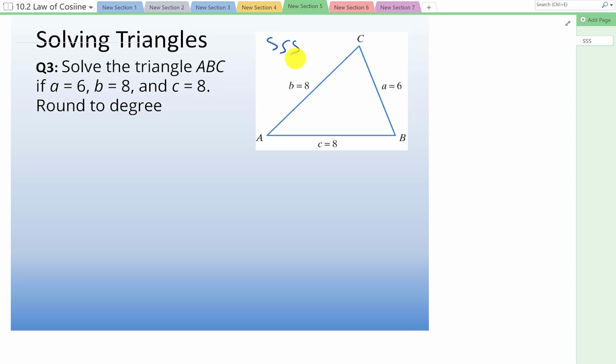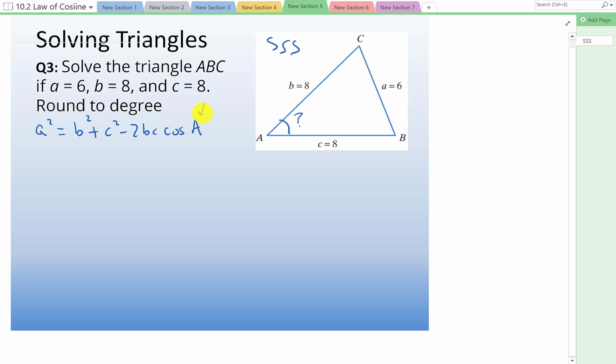So on this question, let's do angle A. Angle A is unknown. So I need a cosine of A in it. So that would be A squared equals B squared plus C squared minus 2BC cosine of A. There I go.